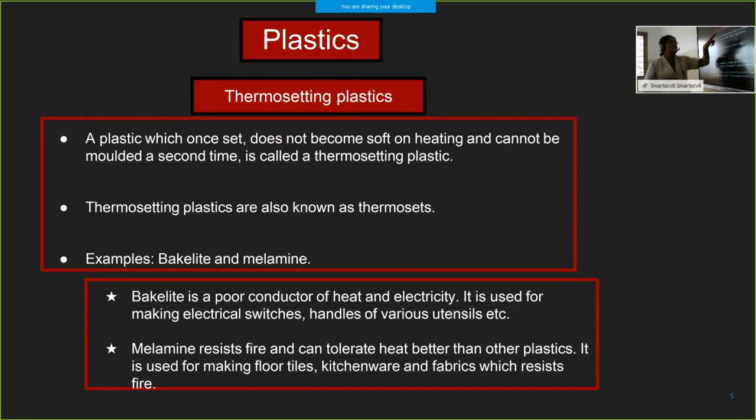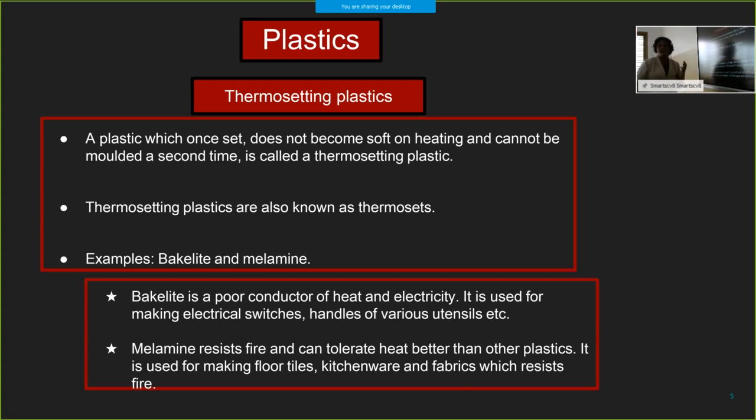Next, what are thermosetting plastics? A plastic which once set does not become soft on heating and cannot be molded a second time is called a thermosetting plastic. Thermosetting plastics are also known as thermosets. Examples: bakelite and melamine.